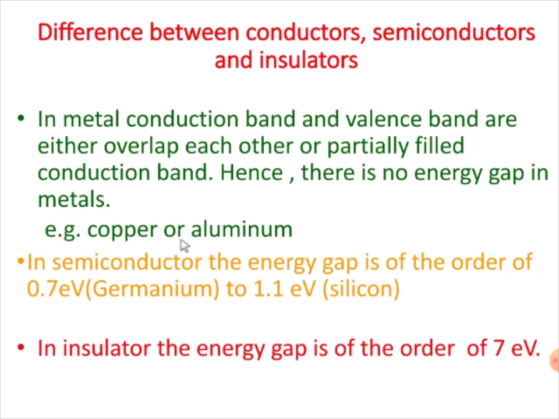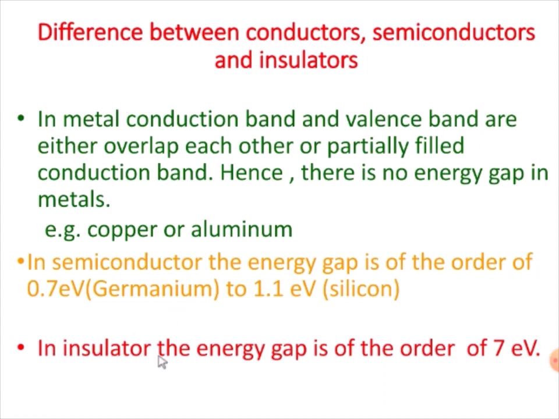Examples of metal are copper or aluminum. In semiconductor, the energy gap is of the order of 0.7 electron volt for germanium and 1.1 electron volt for silicon. It is generally taken that if the energy gap is less than 3 electron volt, then it comes under the category of semiconductor.